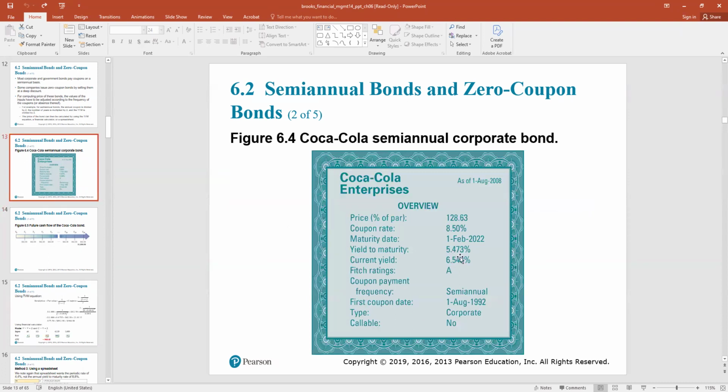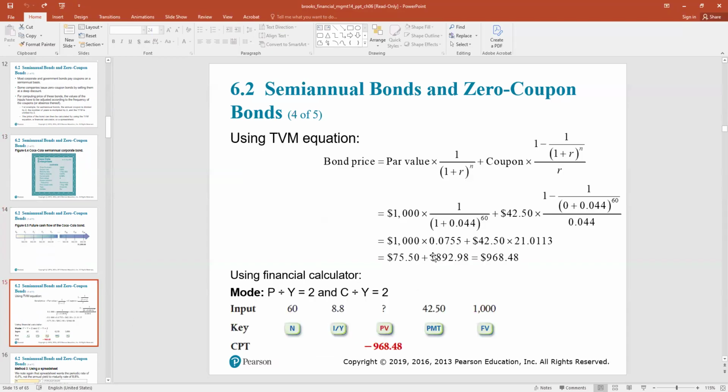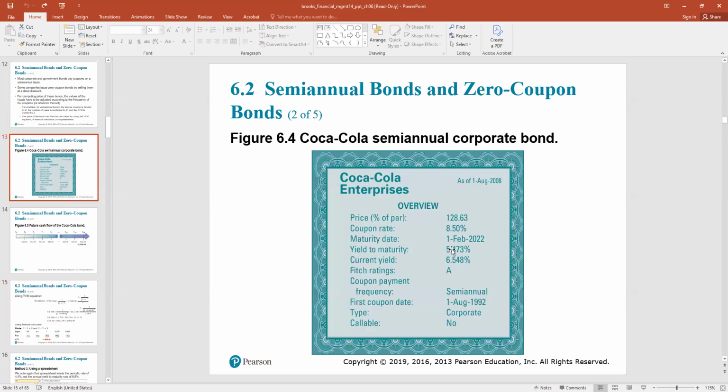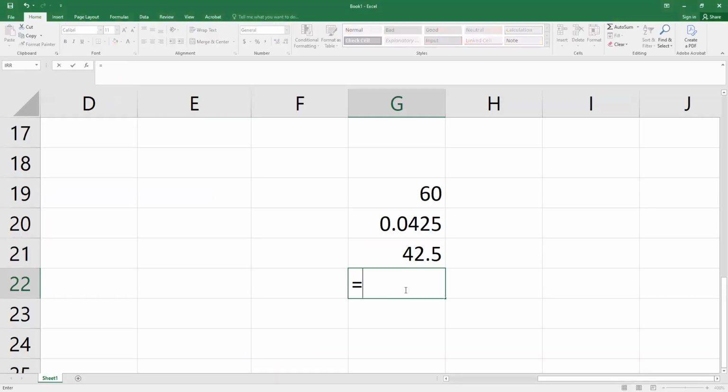The YTM is 5.473, but in here it's shown as something like 8.4 or 8.8. They haven't changed the YTM itself, just for your information, but we will use this YTM. So YTM is 5.473%, divided by 2. That's what we will use to calculate the present value of the bond.